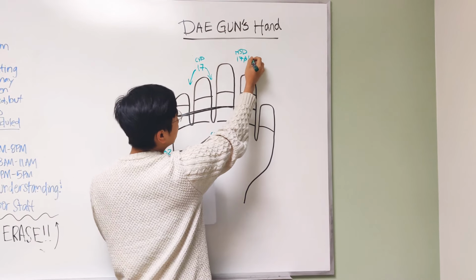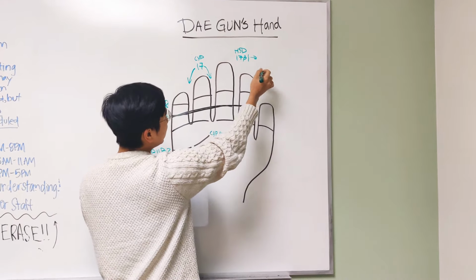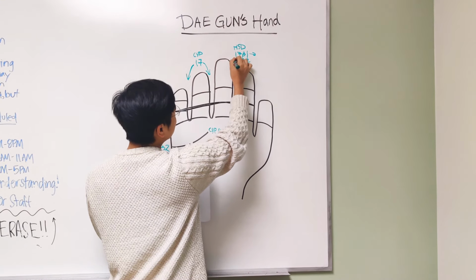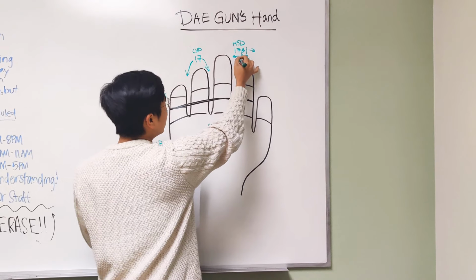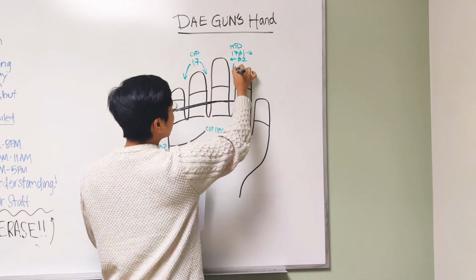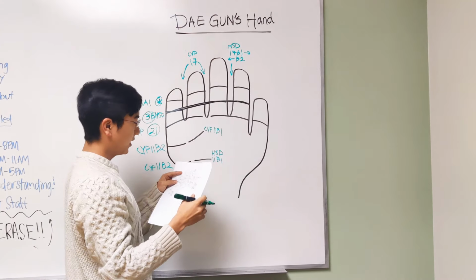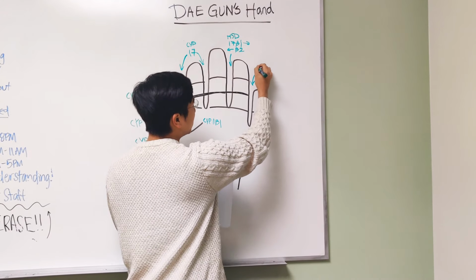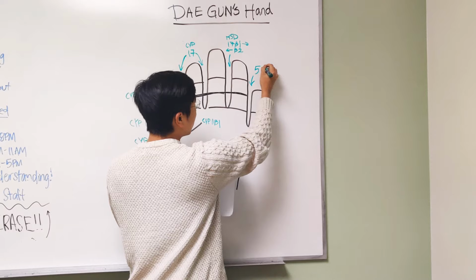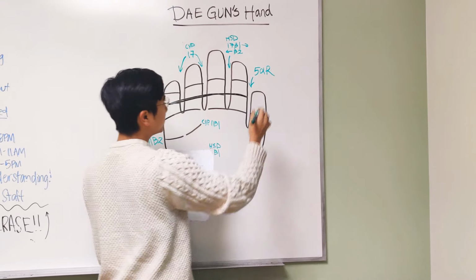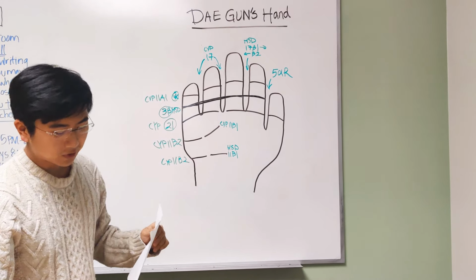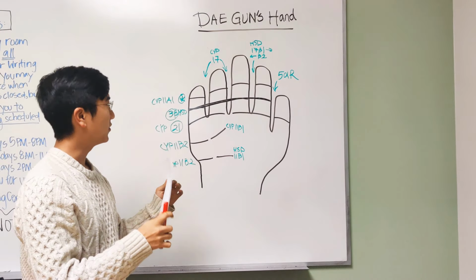Beta 1 allows you to go this way, and beta 2 will allow you to go the other way. But this line over here is acted upon by this enzyme. And the last one here will be 5-alpha reductase.